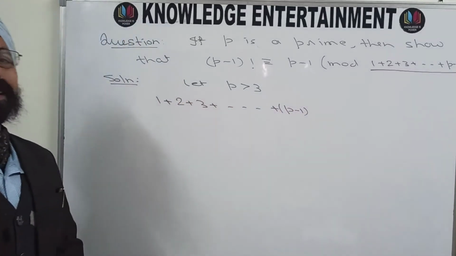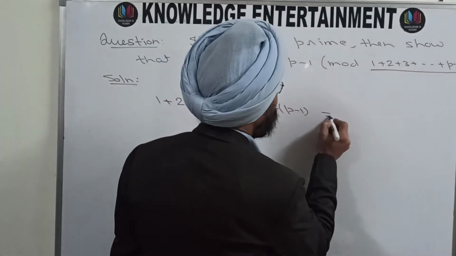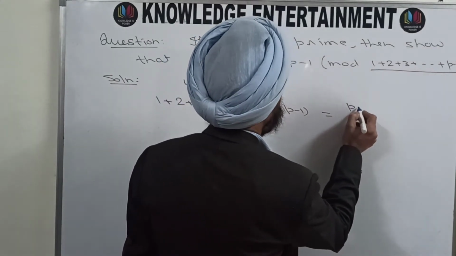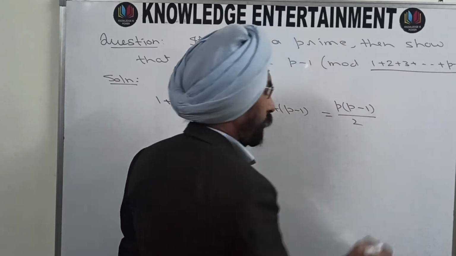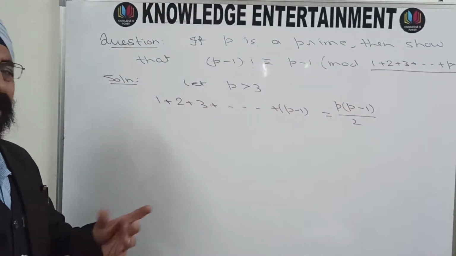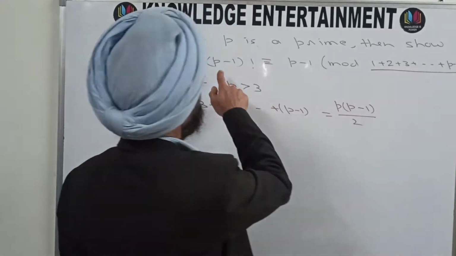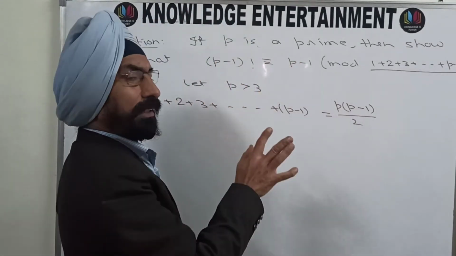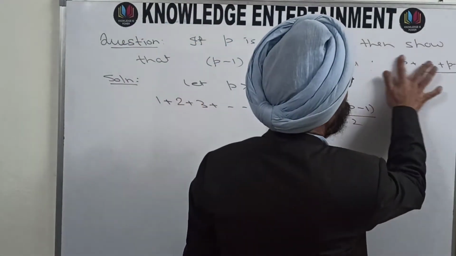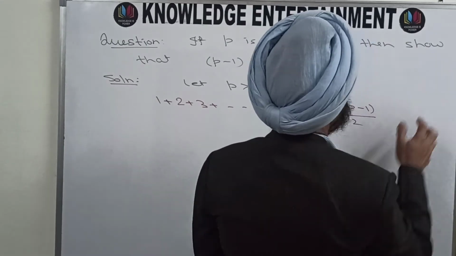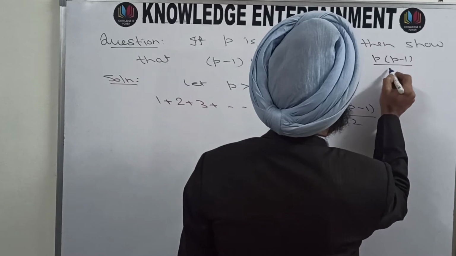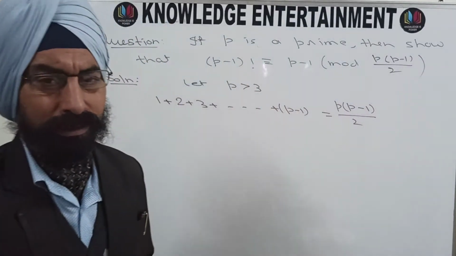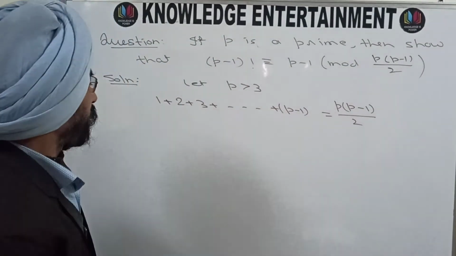Using the sum of the arithmetic progression, you can easily show that it is equal to (P minus 1) into P by 2. So directly or indirectly, we have to show that (P minus 1) factorial is congruent to P minus 1 modulo P into (P minus 1) by 2. This is actually what we are to show.